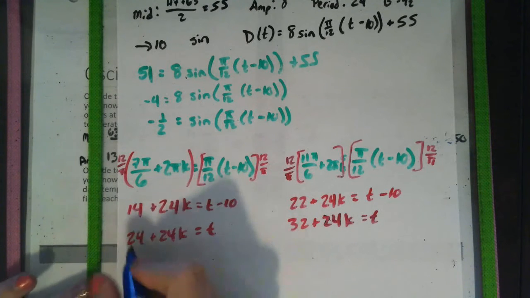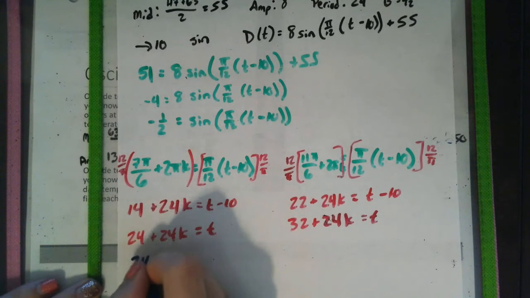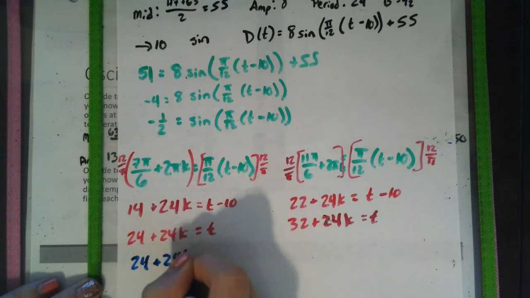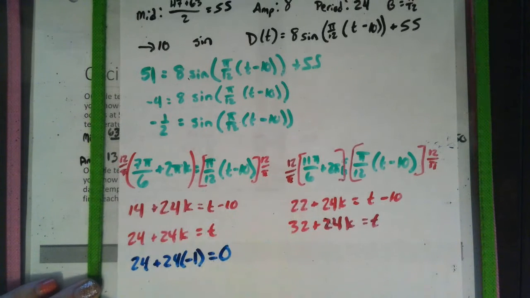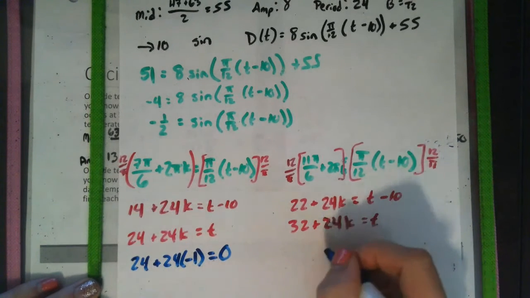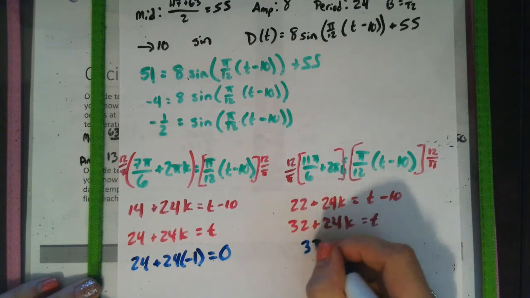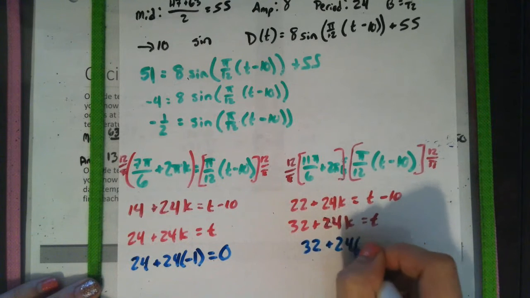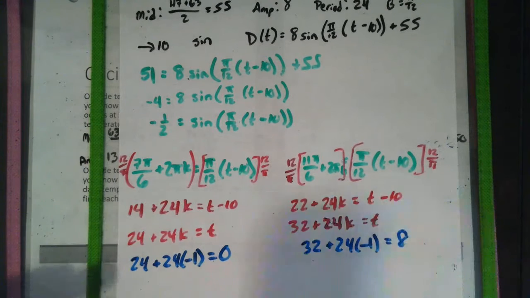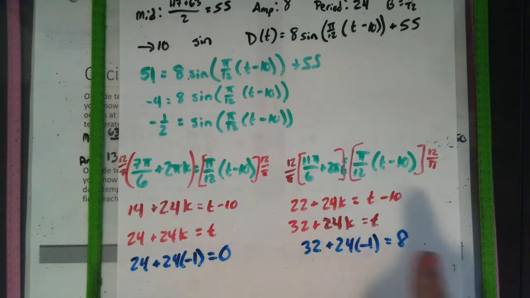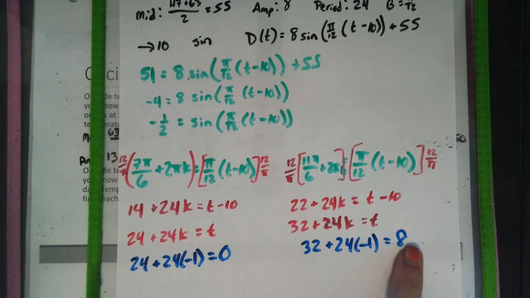If I let k equal -1, we get 24 plus 24 times -1, that's 0. If k equals -1 here, 32 plus 24 times -1, we get 8. So this temperature happens 0 hours after midnight and 8 hours after midnight.